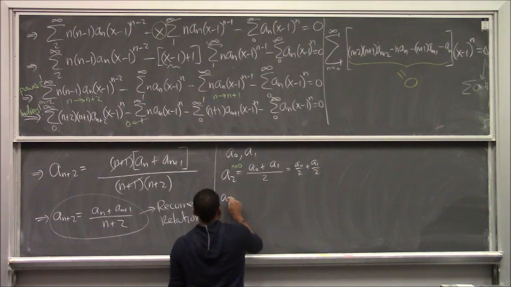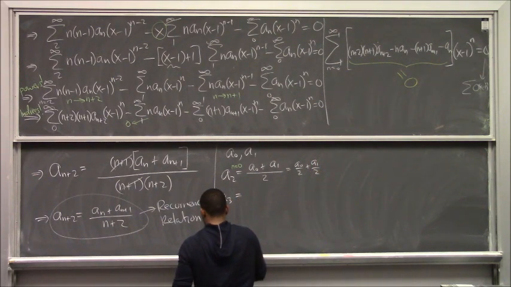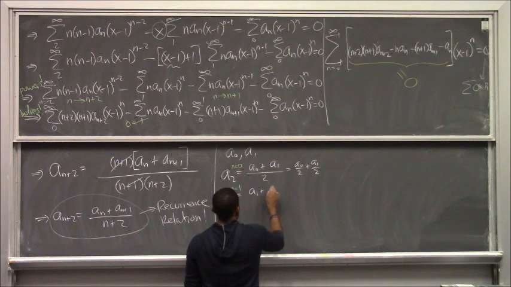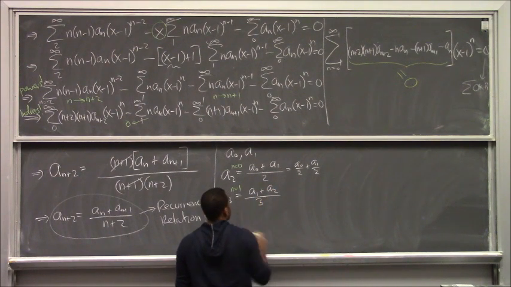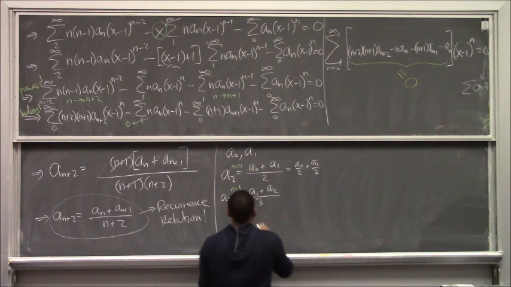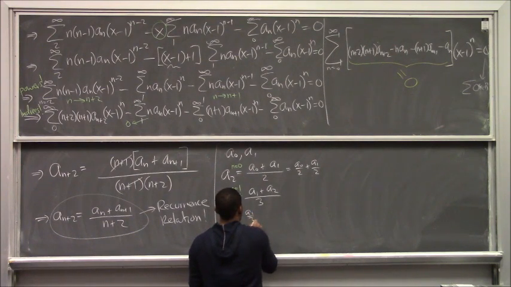Then I can plug in what's a_3. Well, for a_3, I would plug in n equals 1, and I would get (a_1 plus a_2) all over 3. If we write a_2, this is a_1 over 3 plus a_2 was this guy.